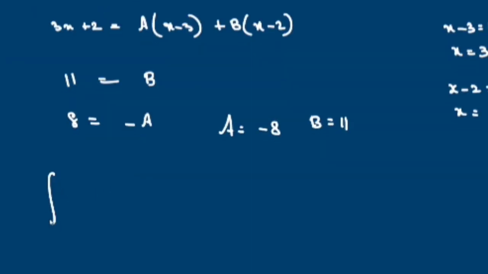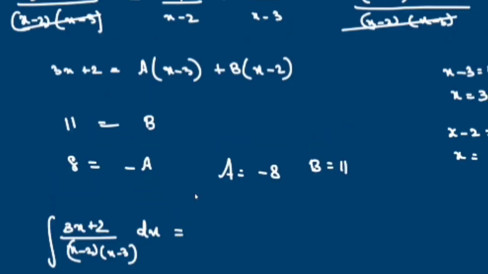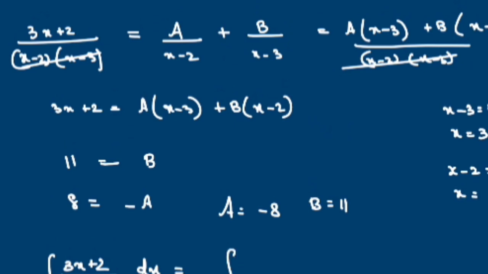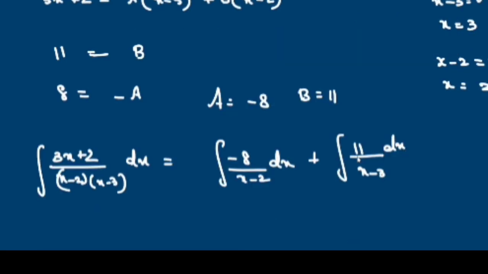So instead of integrating this 3x plus 2 by x minus 2 into x minus 3, you are going to integrate the partial fractions. That is, a is minus 8 by x minus 2 dx plus b is 11 by x minus 3 dx.